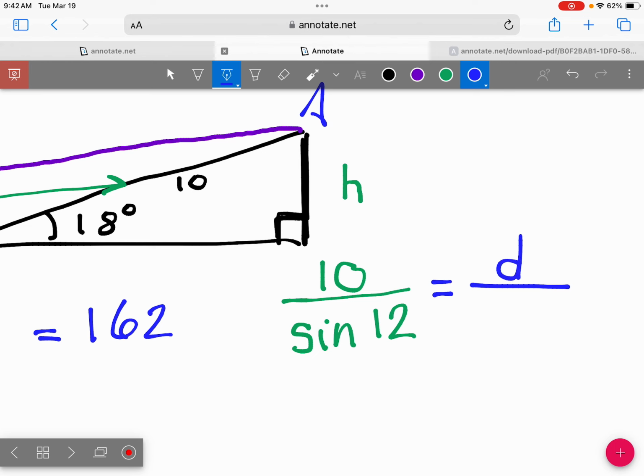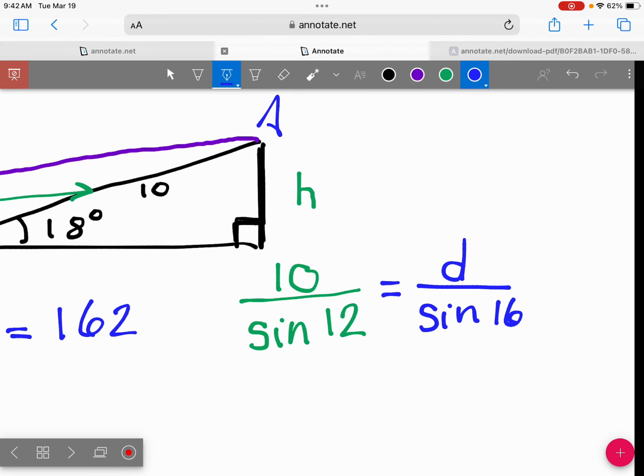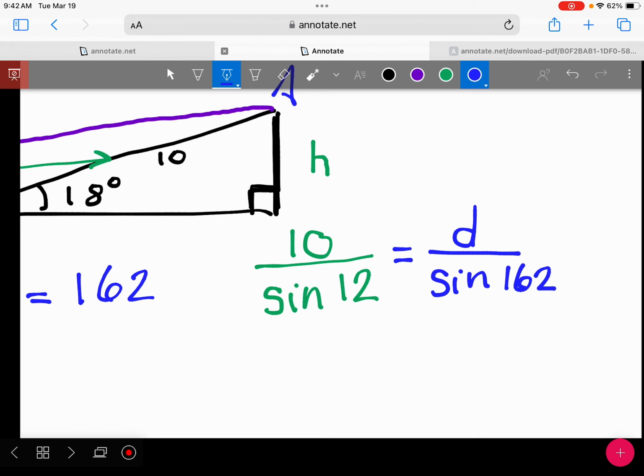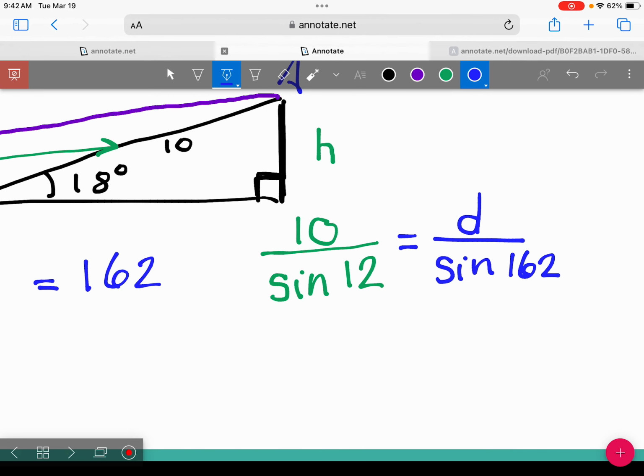Our distance that we're looking for here over the sine of that angle, 162. Solve this. How long is the new ramp? 14.863 feet.